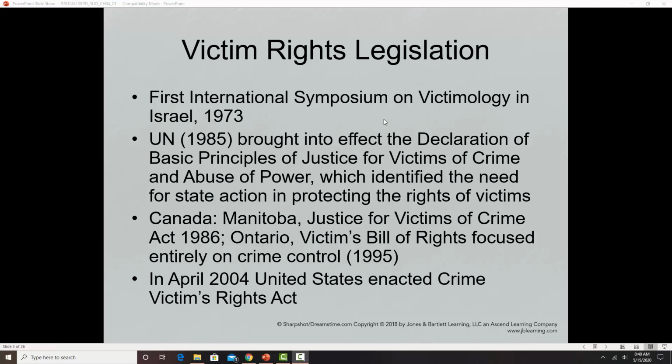In Canada, in 1986, they passed the Justice for Victims of Crime Act, and then that was later changed with the addition of the Victims' Bill of Rights, which focused on crime control.